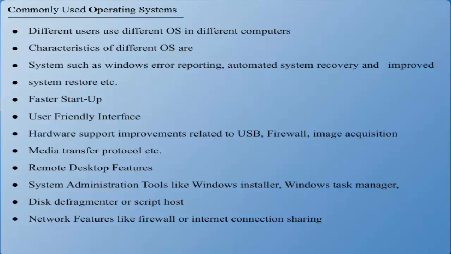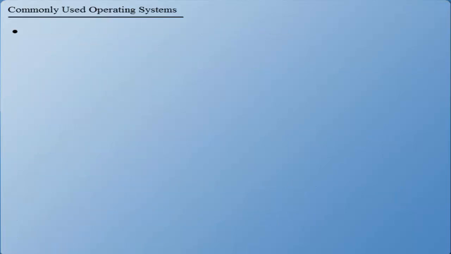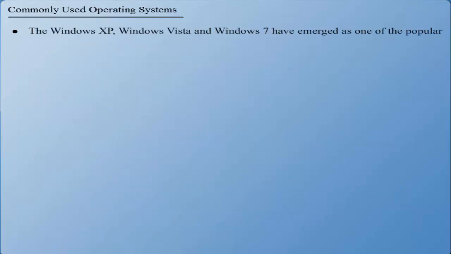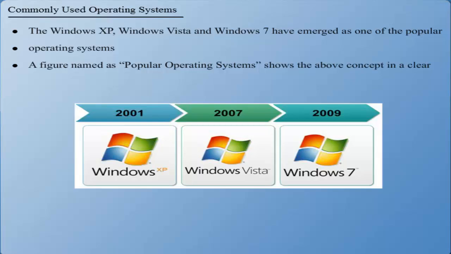Number 8, important security features such as encrypting file system improvements, credential manager, software restriction policies, etc. Windows XP, Windows Vista, and Windows 7 have emerged as one of the most popular operating systems. A figure named Popular Operating Systems shows the above concepts in a clear way.